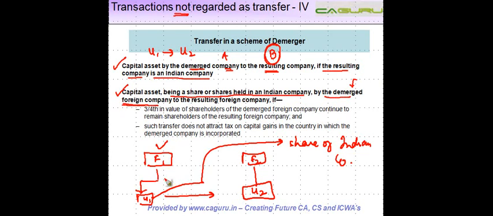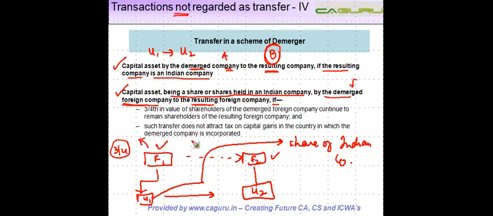So if F1 transfers a unit in which some shares of an Indian company are also transferred to the resulting foreign company, which is F2, it is exempt from capital gains tax because it is not regarded as a transfer if 3/4 in value of shareholders of the demerged foreign company continue to remain the shareholders of the resulting foreign company. So whosoever are the shareholders of F1, 3/4 of them in value become shareholders of F2.